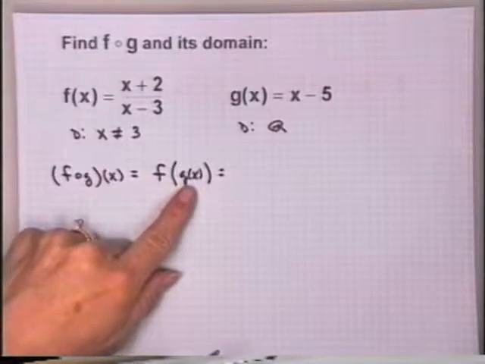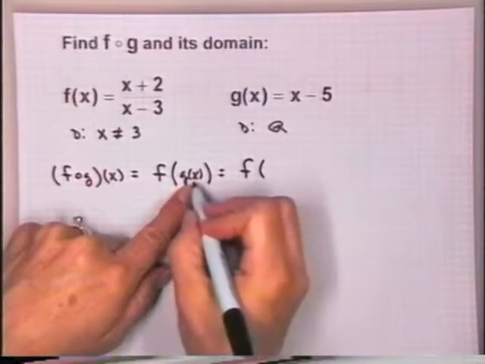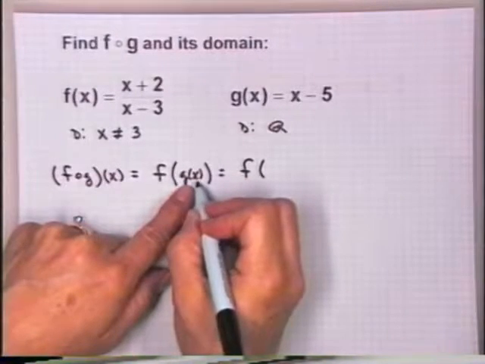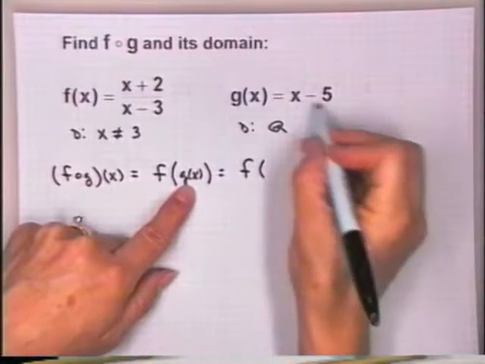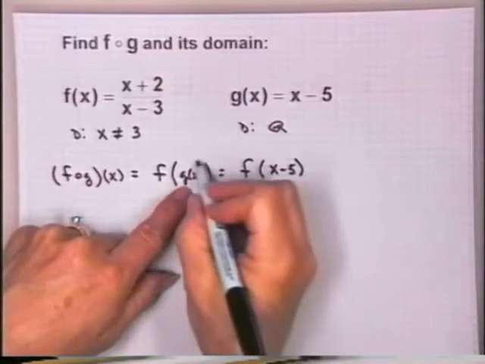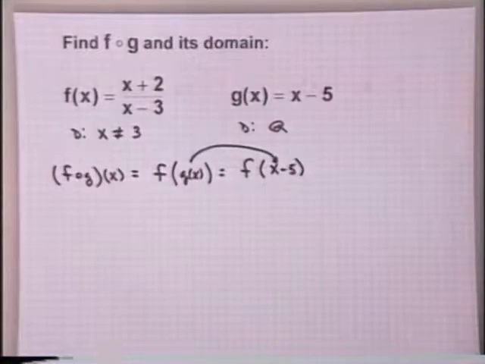I'm going to start on the inside, just like we normally do, and I'm going to replace g of x with what it's equal to. What is g of x equal to? g of x is x minus 5. So notice what I've done here. I've put in place of g of x what g of x is equal to on that inside part.